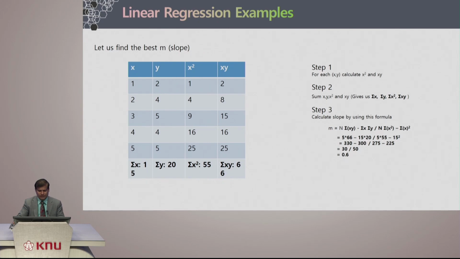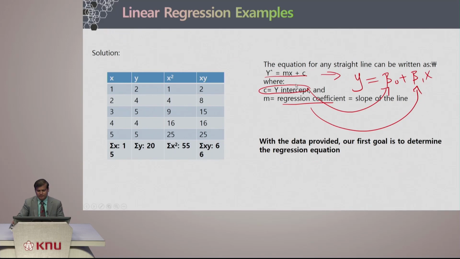So we just calculate by each step. We are trying to observe the points for x square, x times y, and calculate the value of m, in this case the slope, that is nothing but the beta 1.